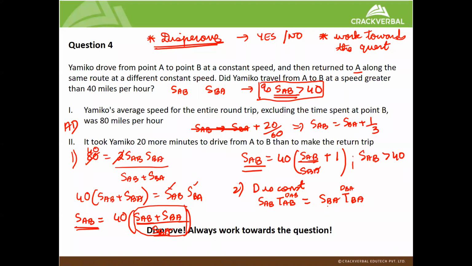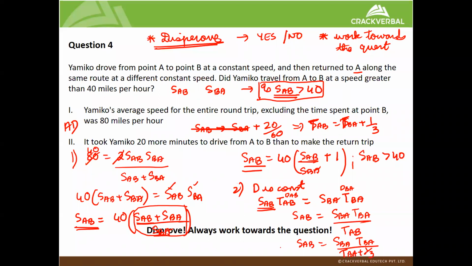Now I need to solve for, remember, SAB, and I need to figure out whether SAB is greater than 40 or not. So this gives me SAB is equal to SBA into TBA divided by TAB, right? This is time, not speed, time. So if the time from A to B is time of B to A plus 1 by 3, I have SAB equal to SBA into TBA divided by (TBA plus 1 by 3).